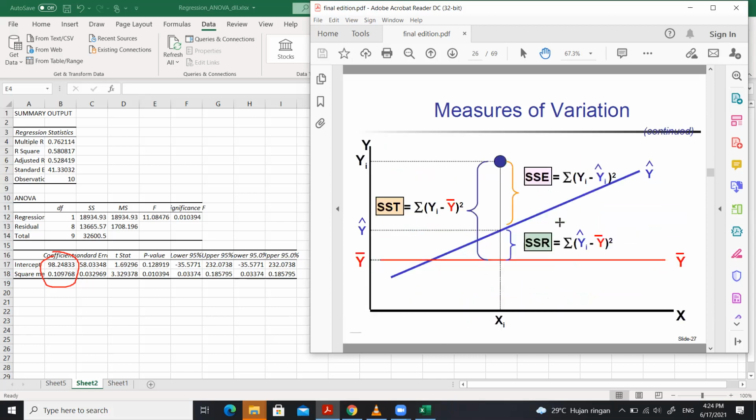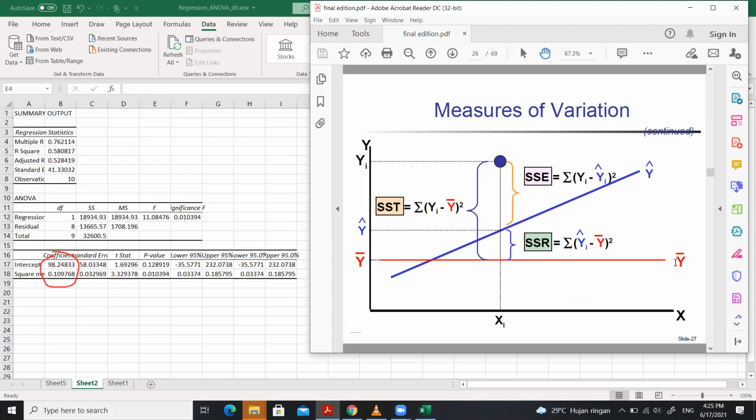If you remember this graphical representation here, I hope you remember this one. For example, we have the predictor, the blue line, and then we have the average of y, the red line.